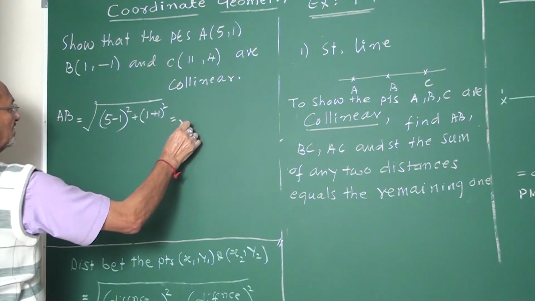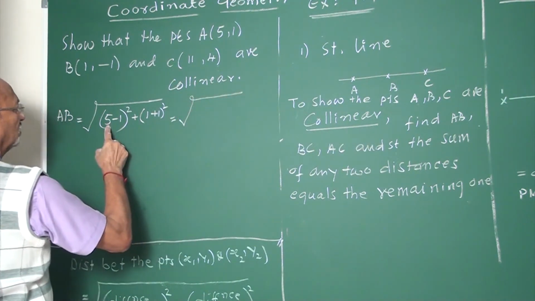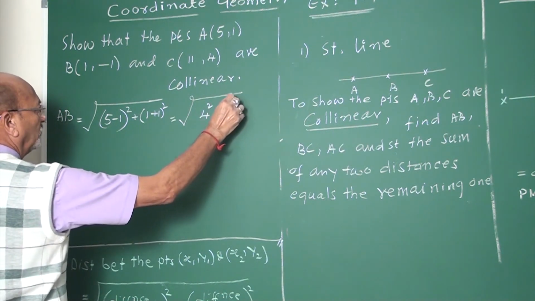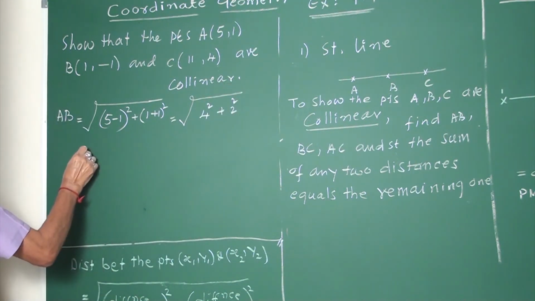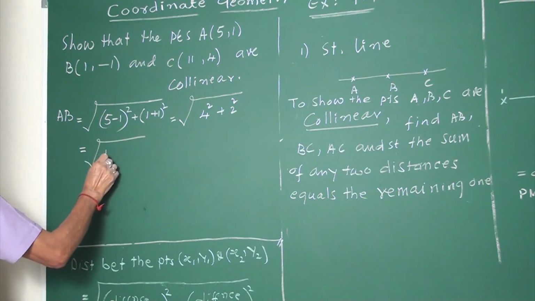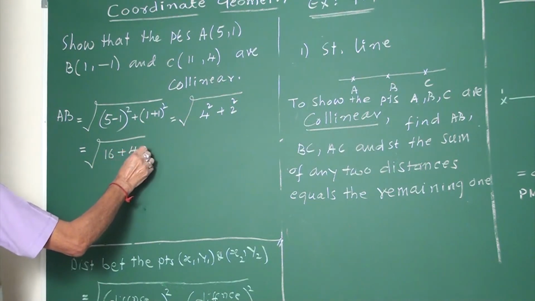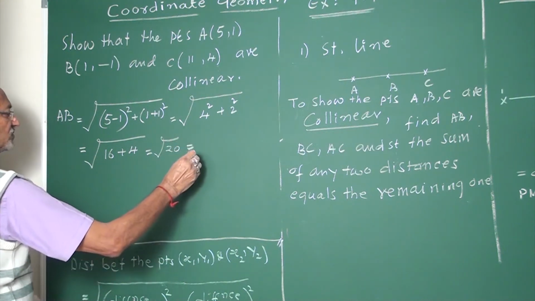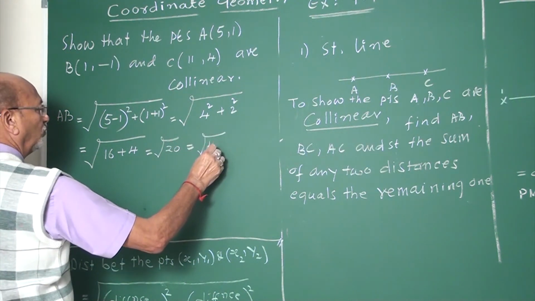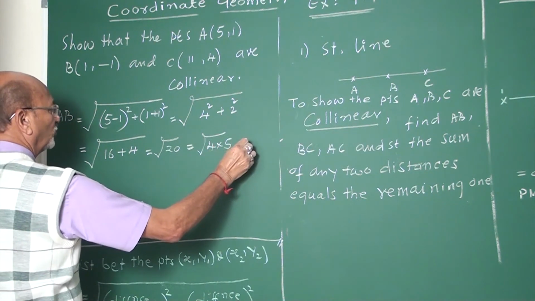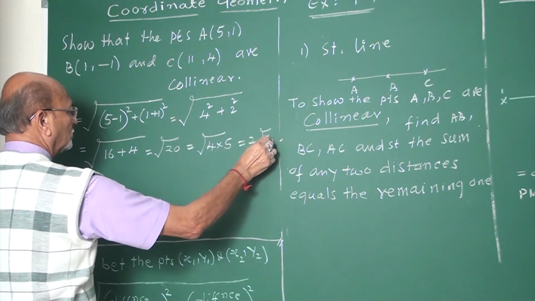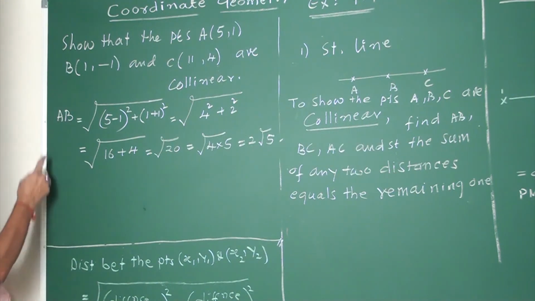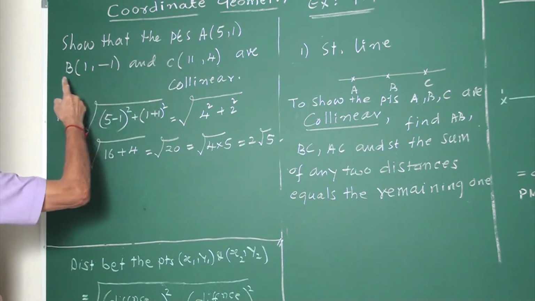That is square root of 4 squared plus 2 squared, equal to square root of 16 plus 4, which is root 20. Root 20 can be written as square root of 4 into 5, which is 2 root 5. This is AB, the distance between A and B.